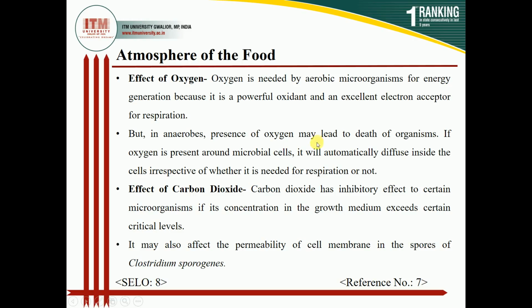But in the same manner, if oxygen is present for anaerobic microorganisms, the anaerobes, the oxygen may lead to death of organisms, because oxygen will automatically diffuse inside the cell, whether the microorganisms need oxygen for respiration or not.